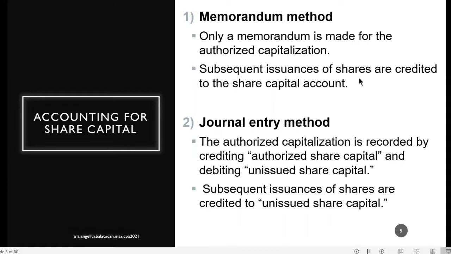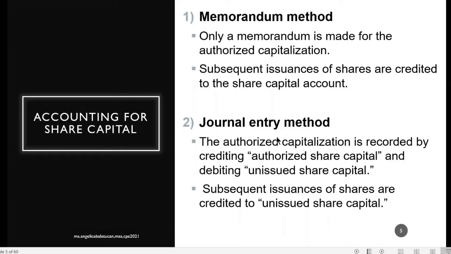Subsequent issuances of shares are credited to the share capital account. So although it's a memo entry at the authorization stage, the later transactions will have journal entries. Only the authorization has a memo.